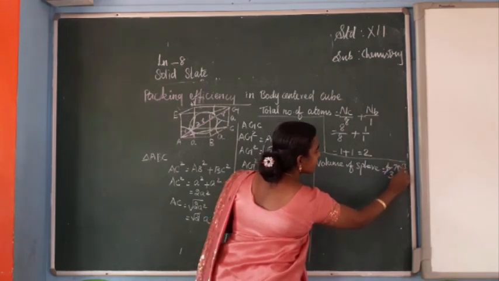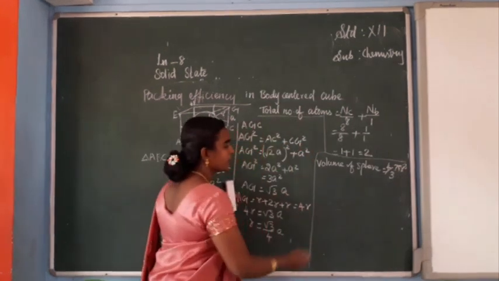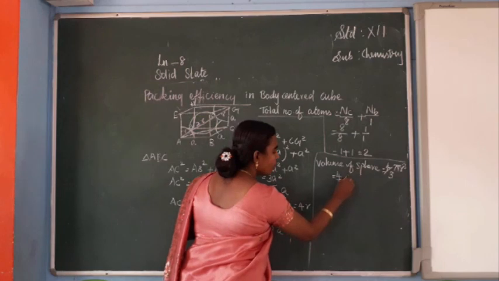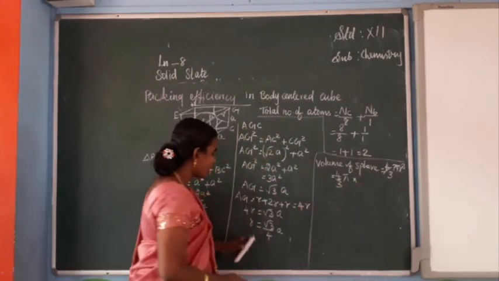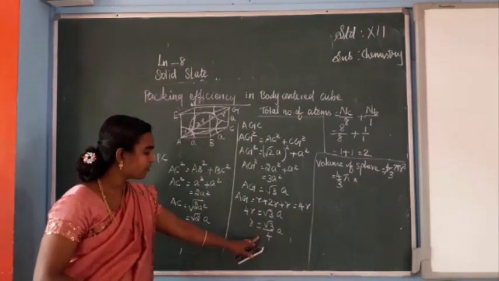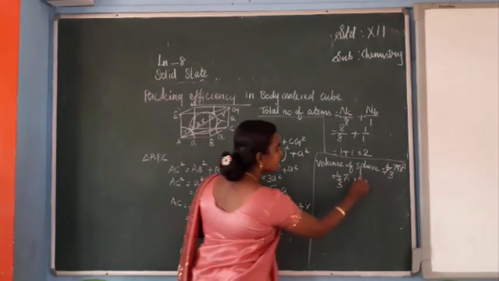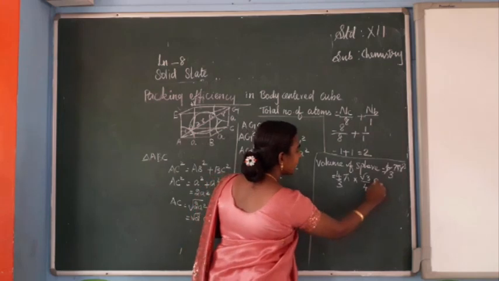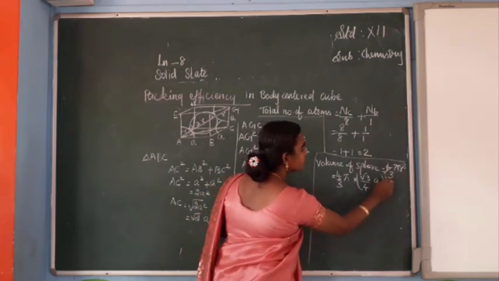So that is equal to 4 by 3 into pi into the r value, that is root 3 by 4a, the whole cube.